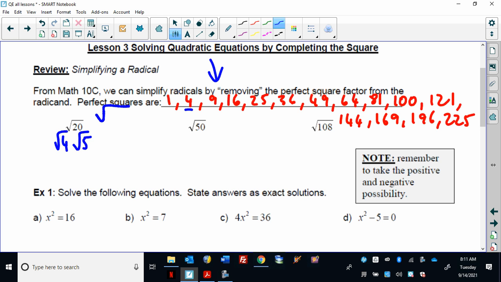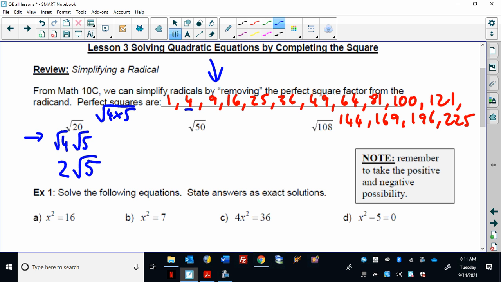Now, really, it's 4 times 5, but anytime you've got two numbers under a square root sign, or any root sign, multiplied together, you can look at them individually as roots. So that's why I write it like this. The square root of 4 is 2, and that's our answer, because you can't break down 5 any more than that.